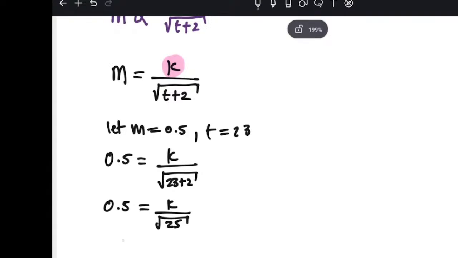So you now say 0.5 is equal to k over the square root of 23 plus 2, which is 25. So what is the square root of 25? It's 5. So 0.5 is equal to k over 5. What do we then do?